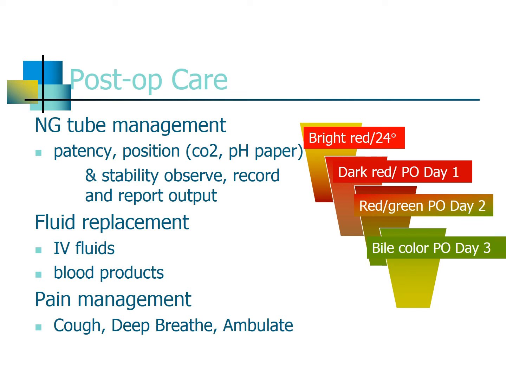Coughing, deep breathing, and ambulation are really important for many reasons, right? To allow for lung expansion and decrease atelectasis, because someone in pain will not cough or deep breathe or want to ambulate, which will create immobility complications: constipation, they don't heal as fast, DVT, pneumonia. So we want to get up and moving as fast as we can, or as they can.